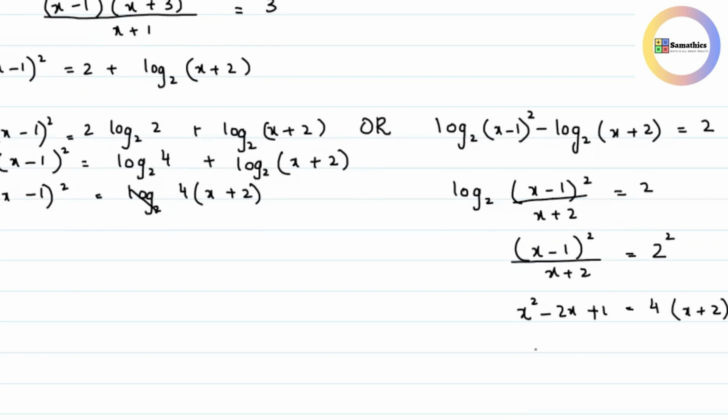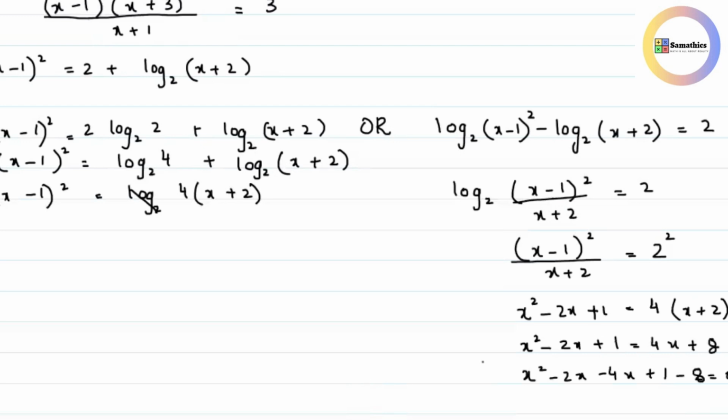Now if we solve it, x square minus 2x plus 1 is equal to 4x plus 8. So we'll have x square minus 2x minus 4x plus 1 minus 8 is equal to 0.